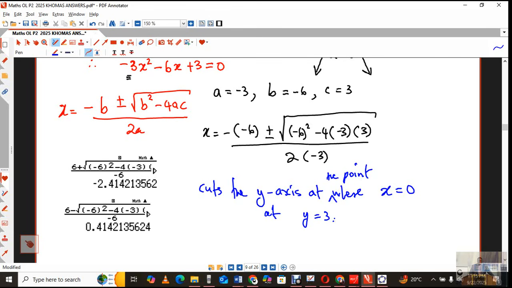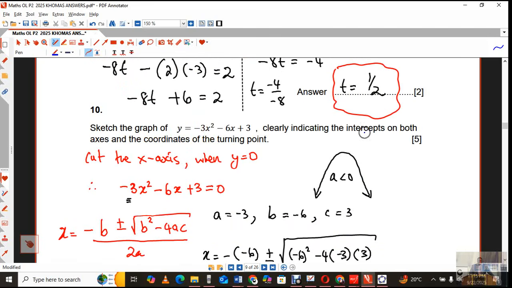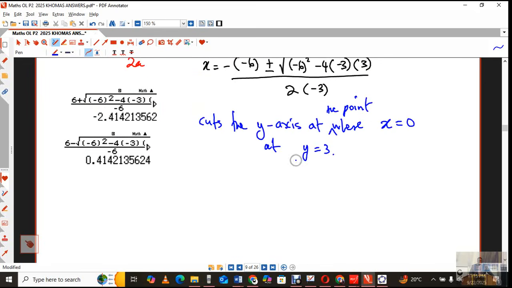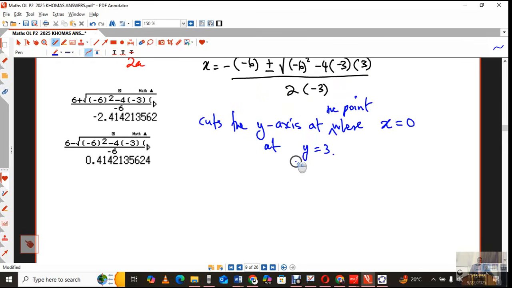So we have the x-intercepts, because the question said clearly indicating the intercepts of both axes and the coordinates of the turning point. Now, the turning point of the graph, let's work on that. This happens if I use this formula, x is equal to minus b over 2a. This formula is known as the axis of symmetry.